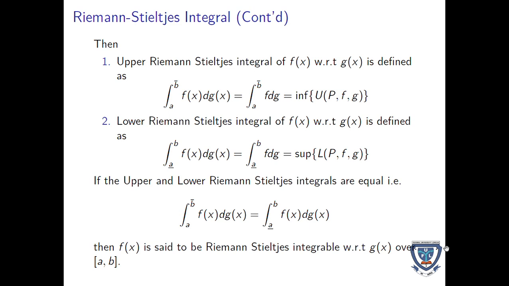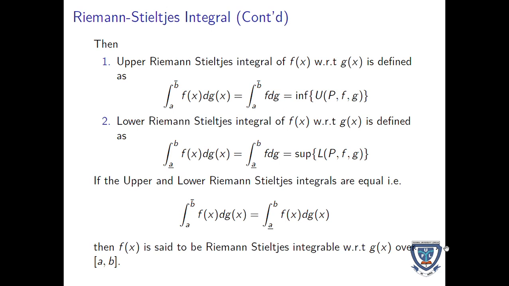Now, the upper Riemann-Stieltjes integral of f of x with respect to g of x is defined as this integral from a to b, with a bar on top of it. That is the notation for the upper Riemann-Stieltjes integral of f of x d g of x. It is equal to the infimum of U(P, f, g), and that infimum is what we call the upper double sum.